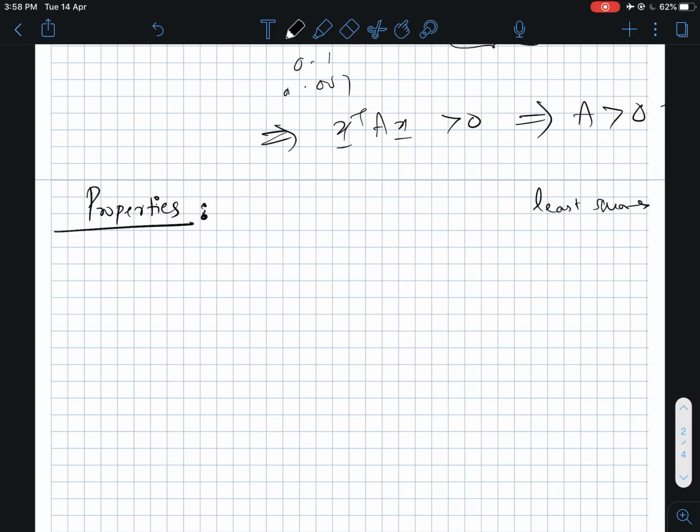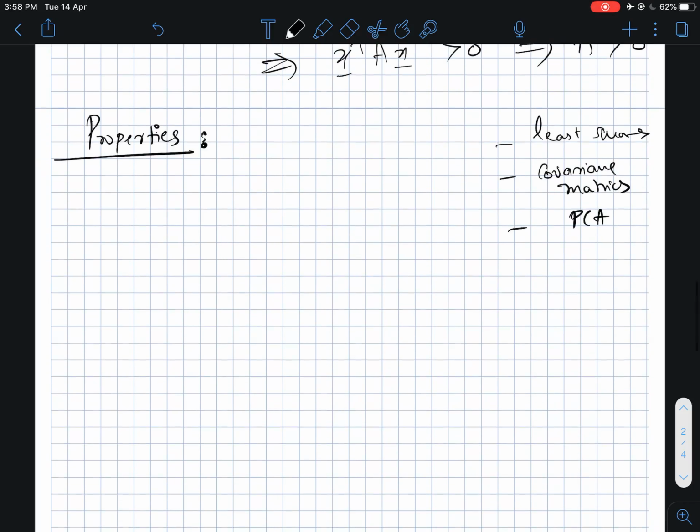They come up when we do least squares, when you talk about any covariance matrix in probability, and when you do PCA, and in many other scenarios. In some sense, as I said, they are as elementary to the set of matrices as positive numbers are to the set of all real numbers. So without any further delay, let's look at properties.